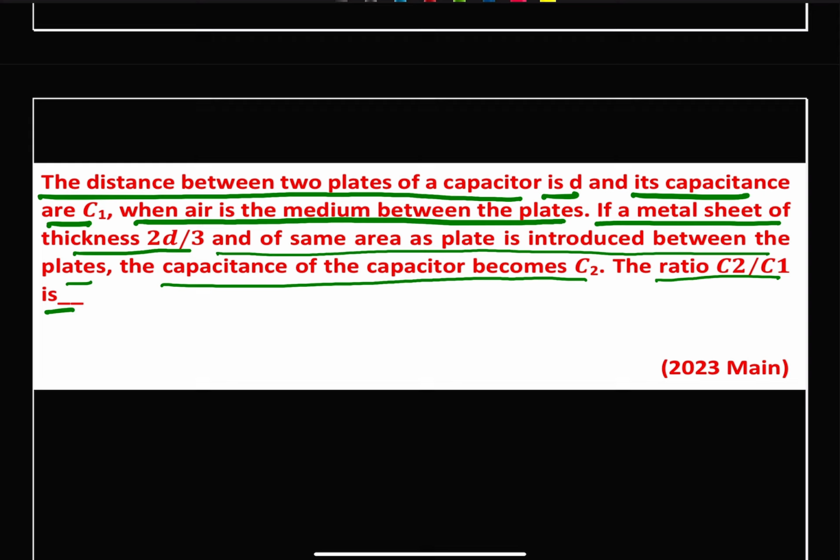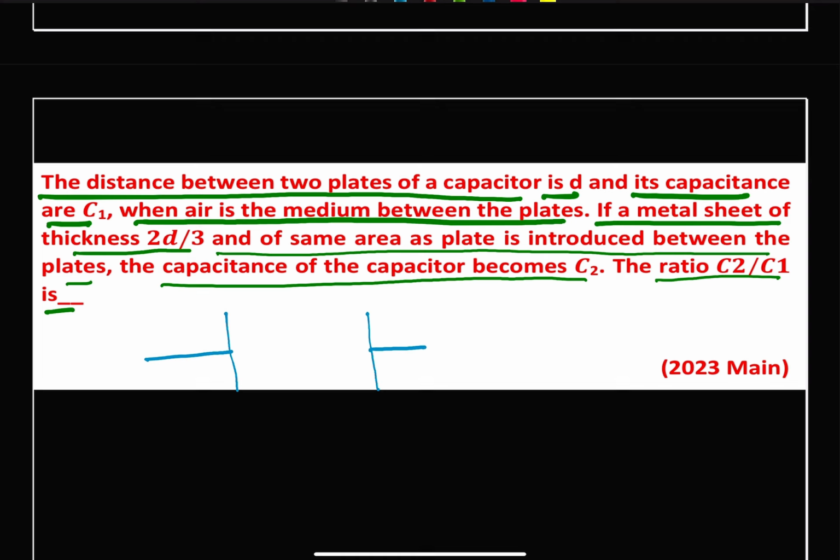So here we are given a parallel plate capacitor whose capacitance is given as C1 when air is the medium between the plates, and D is its thickness.